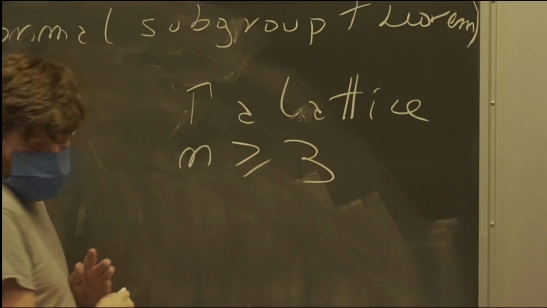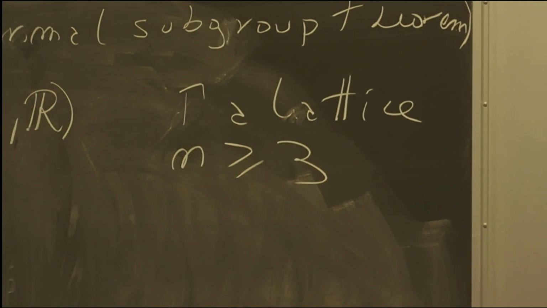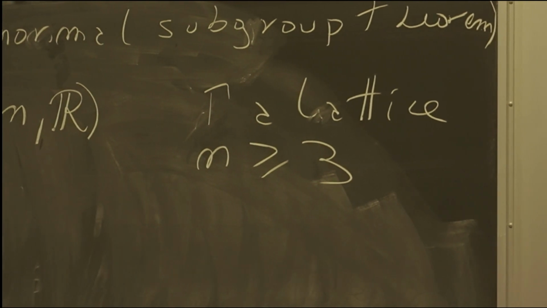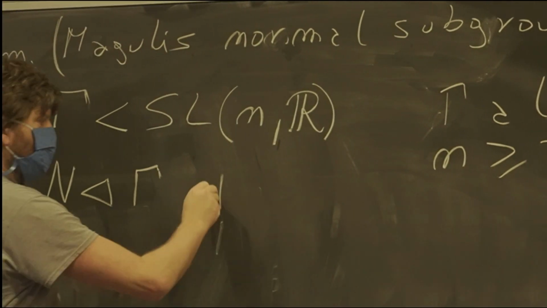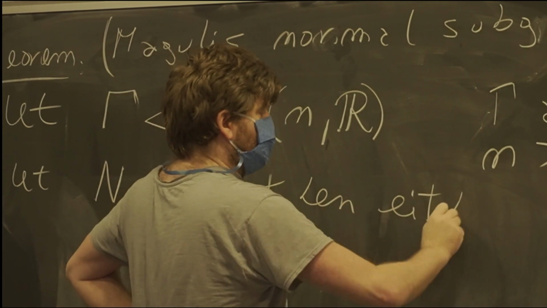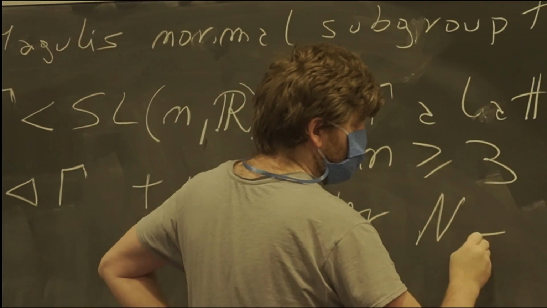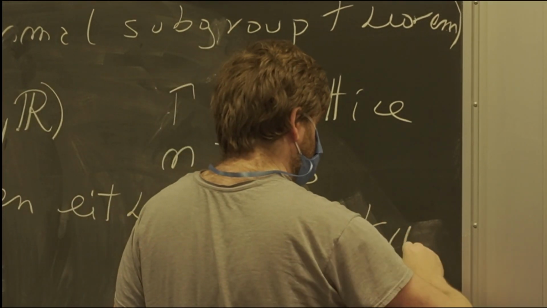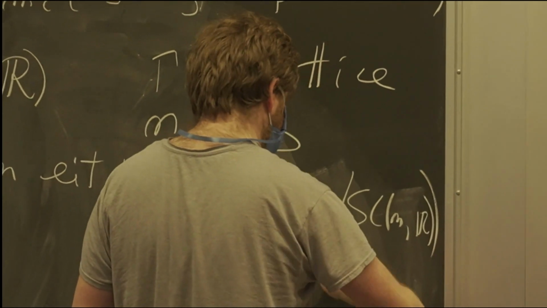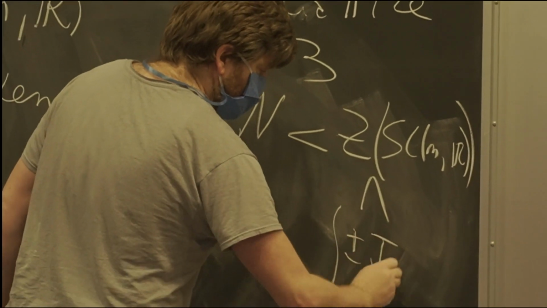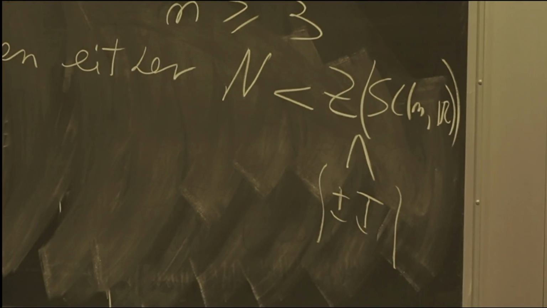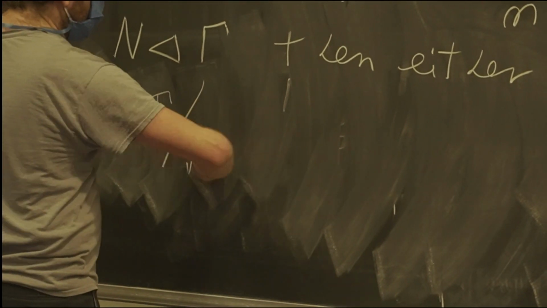n at least 3, because for n equals 2, we saw that we have all these cases. Let N be a normal subgroup of gamma, then either N is a subgroup of the center of SLnR, which by itself is a subgroup of plus minus identity, so it has at most 2 elements, so it's a very obvious normal subgroup, or gamma mod N is finite.